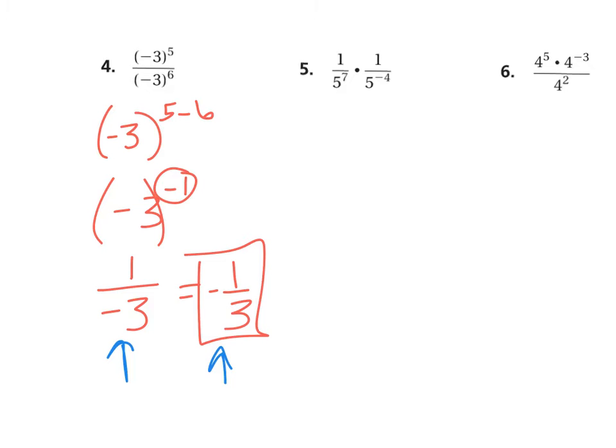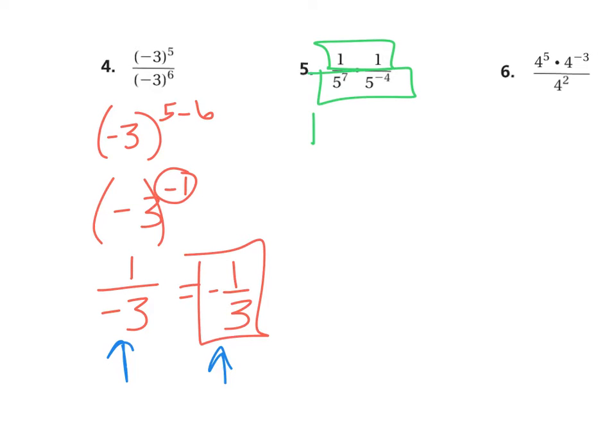All right, let's do the next one. Now you see they've already given it to you as a fraction. Okay, so you're going to still treat this. Let me get another color here. Let's do green. We have 1 times 1 on top here, and then we're going to do the bottom part here.